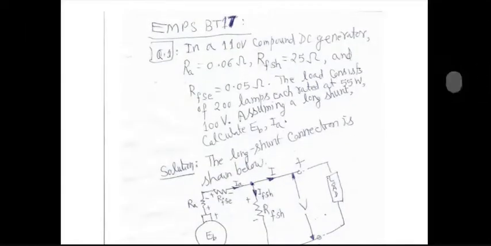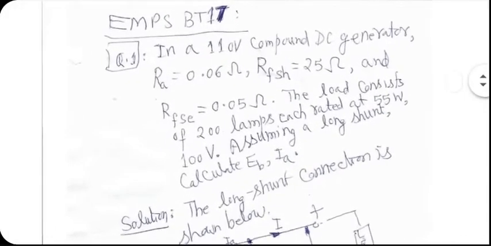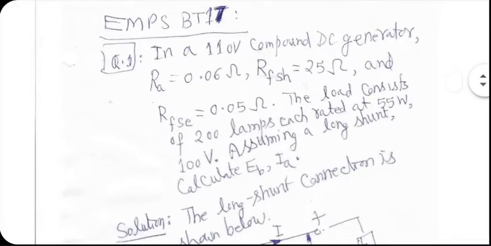The thing is, the machine itself is rated for 110 volt, but we are using it as if it is supplying 100 volt. Okay, so everything is fine here. No mistake at all. A 110 volt rated generator is supplying 200 lamps which are rated at 100 volt. So we are being safe. We are not operating the generator at full 110 volt. Instead, we are operating it at 100 volt. Fair enough, nothing wrong with it.